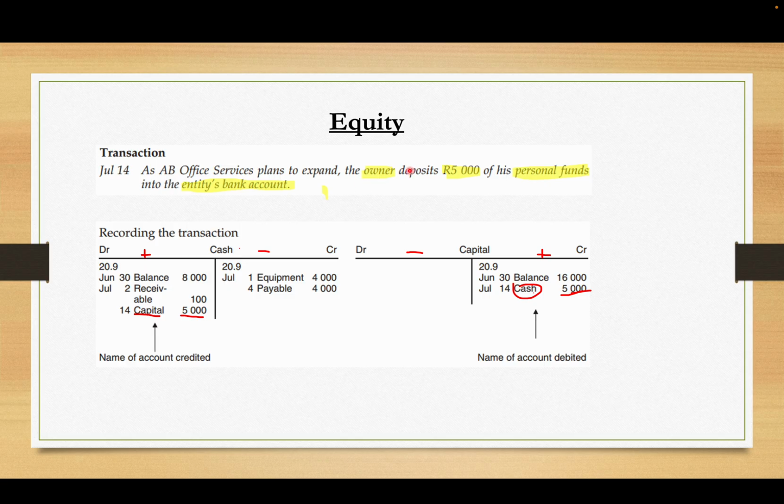Most of the questions are literally like this: the owner deposits into the business bank account, or maybe they change it up and say the owner contributes his vehicle to the business. Then you're going to have capital and vehicle, because there's more vehicles in the business, and more capital that the owner has contributed. You understand? So this one is fairly manageable.